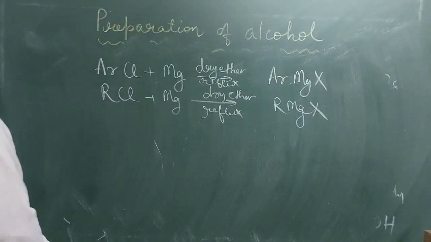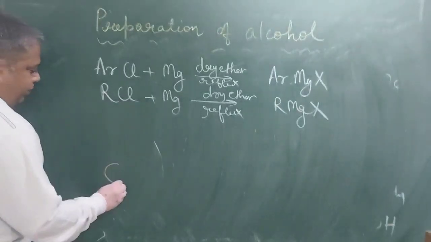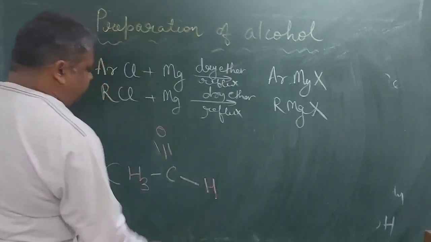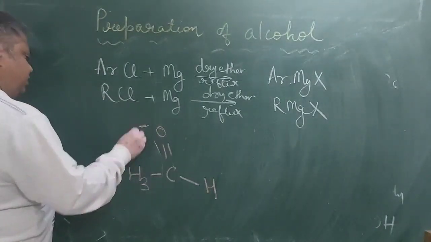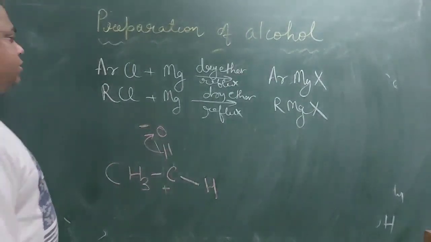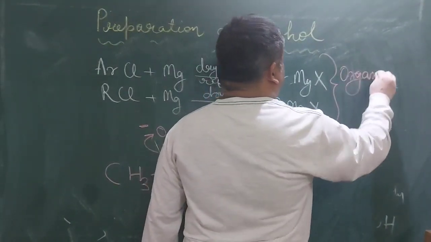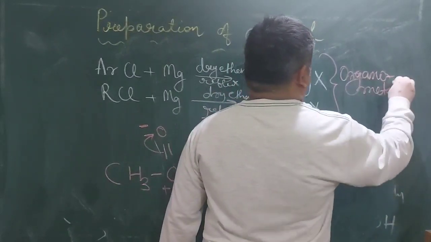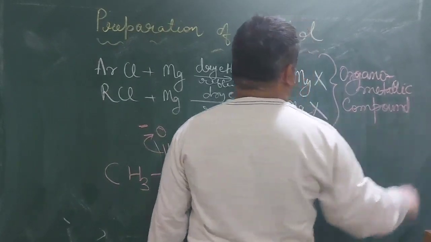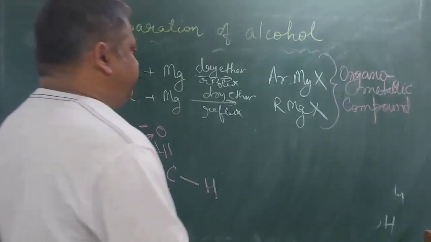Now, if you take any aldehyde, say CH3CHO, this has a partial negative charge, and this has a partial positive charge. Now if I give this organometallic compound, its name is Grignard reagent.